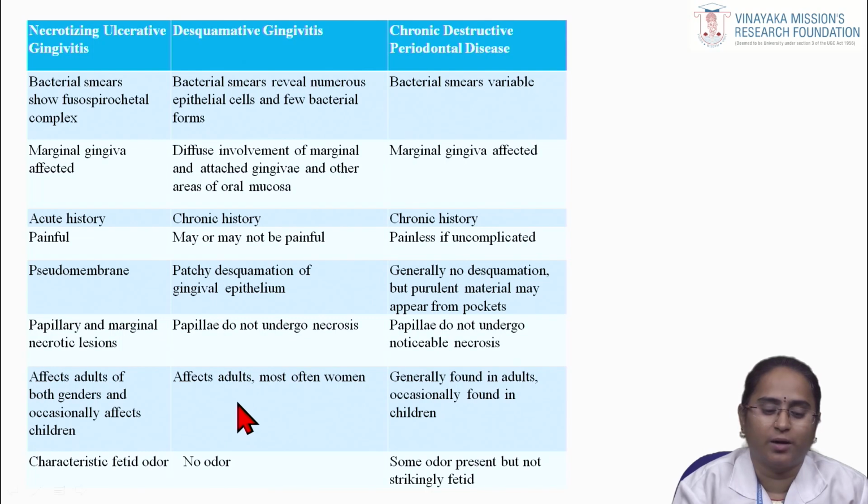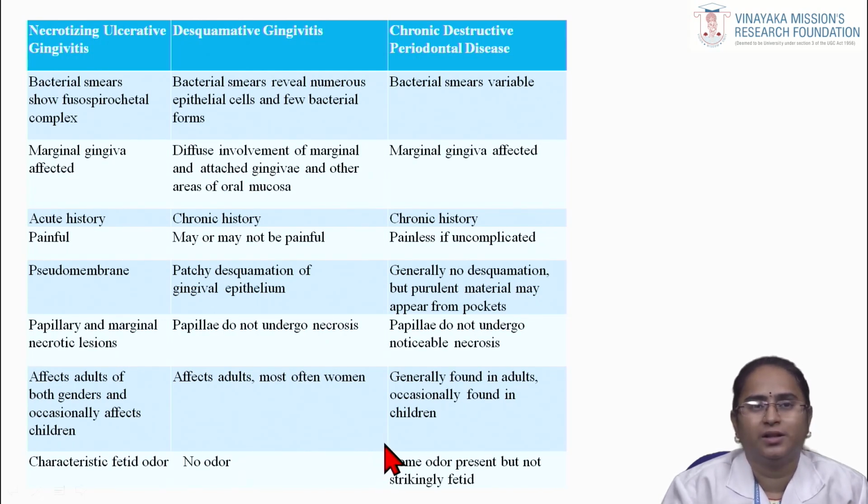Desquamative gingivitis affects both genders, mostly women. Chronic periodontitis is found in adults, not in children. A characteristic fetid odor is present in NUG, in desquamative gingivitis there is no odor, and in chronic periodontitis there is some odor because of the accumulation of etiological factors, that is, plaque and calculus.